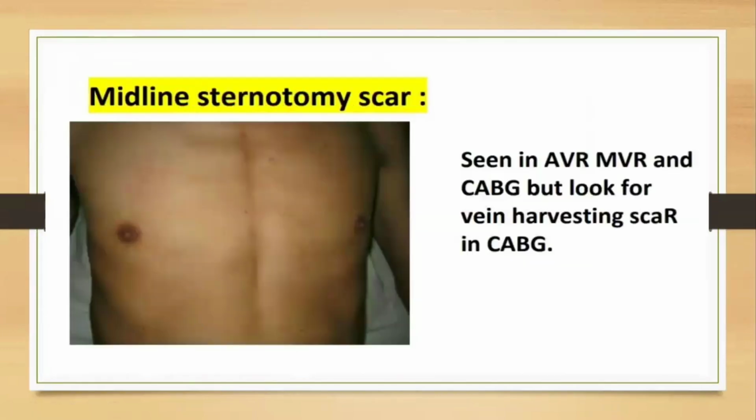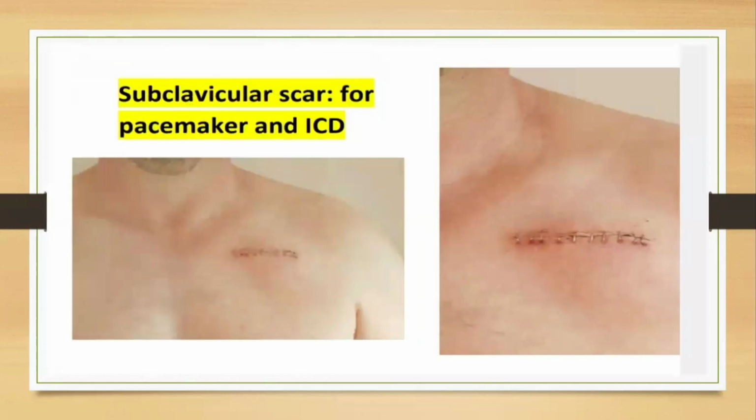So here you will look for a midline sternotomy scar. It will be very fine, and there will be small drain scars present at the end of this. It might be present in aortic valve replacement, mitral valve replacement, as well as in CABG. This was the scar I was talking about.